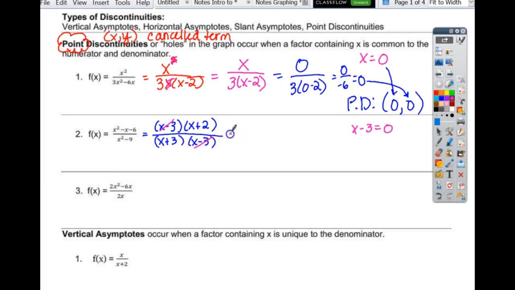So then I'm going to write the reduced function down, which is x plus 2 over x plus 3. So my x equals 3. So I'm going to take the 3 and put it in the reduced function. So my point discontinuity is going to be at 3 and 5/6.